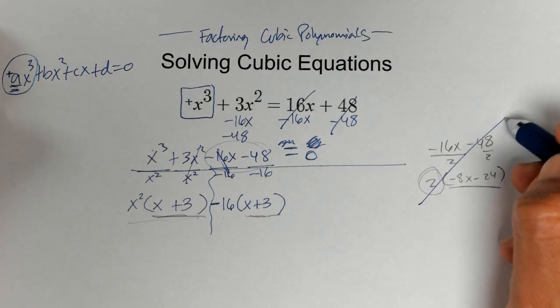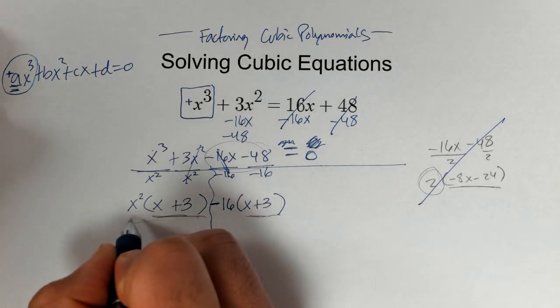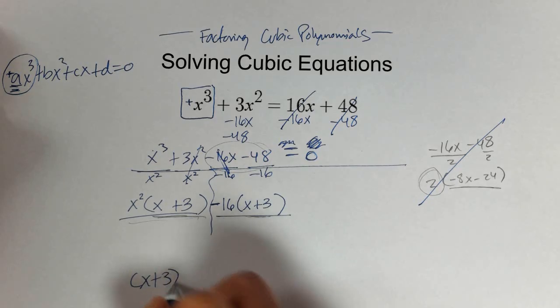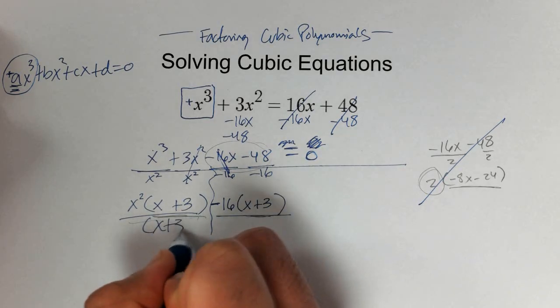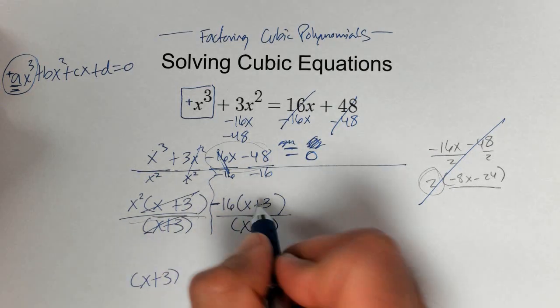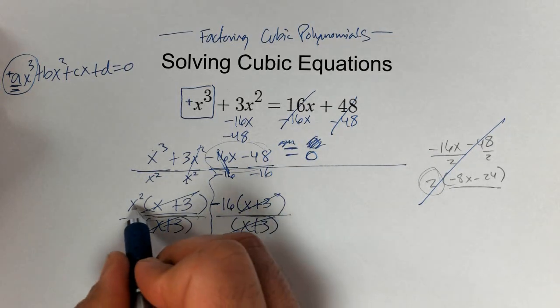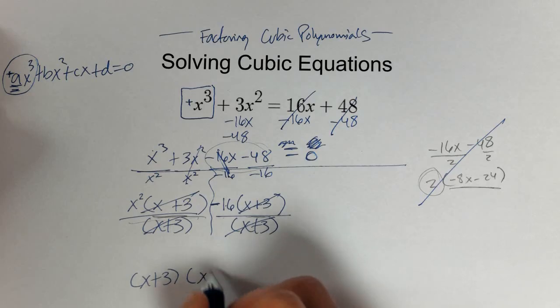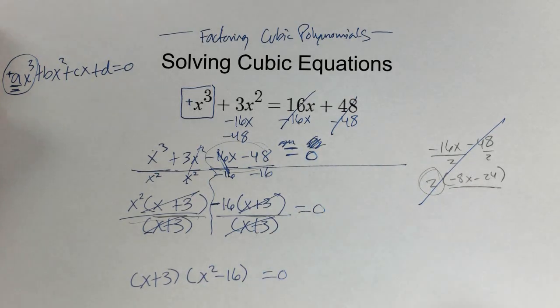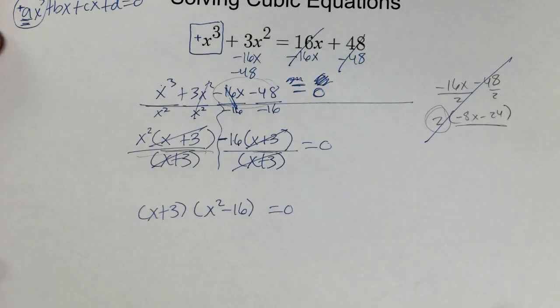All right, back to the problem. So I divide both by the common term, x plus 3. I'm left with x squared minus 16. And again, these are all equal to 0. So when I'm solving, I want to get the value of x.